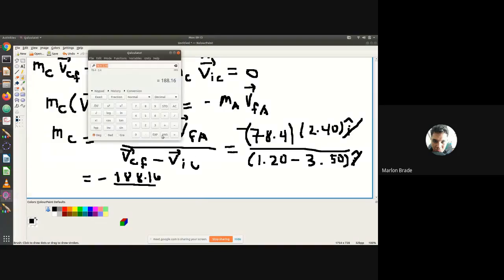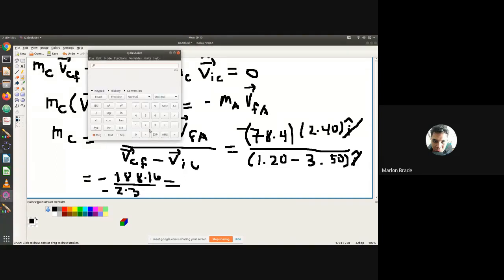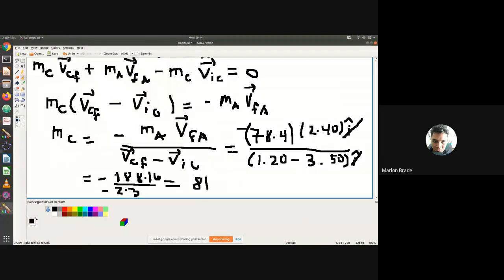And the denominator is 1.20 minus 3.50, so this is negative 2.3. Okay, so we can solve the mass now. 188.16 divided by 2.3 is just 81.8 kilogram.